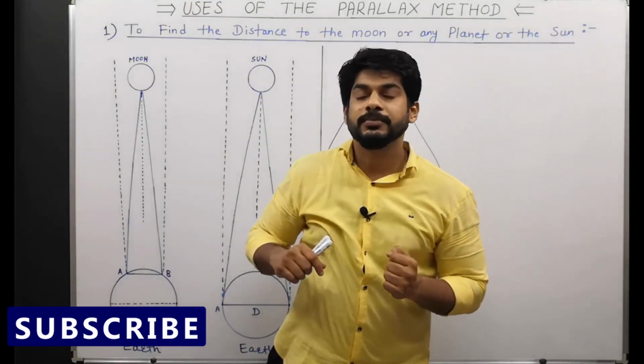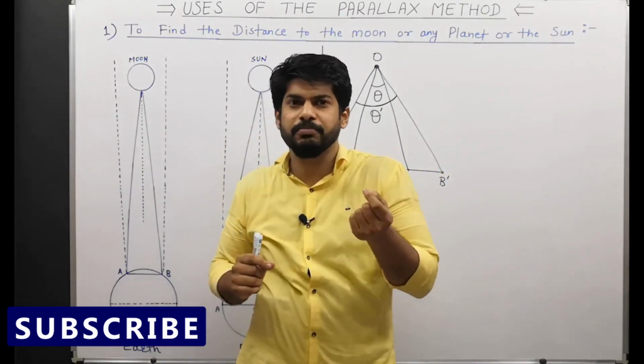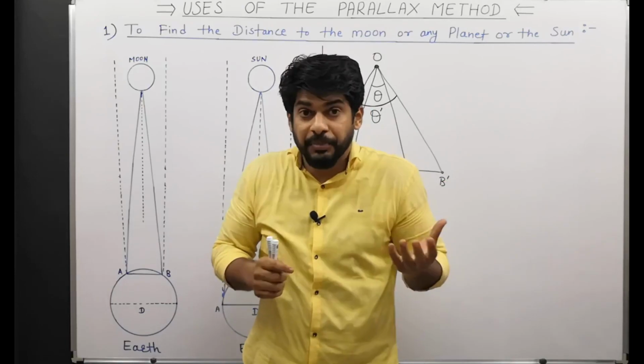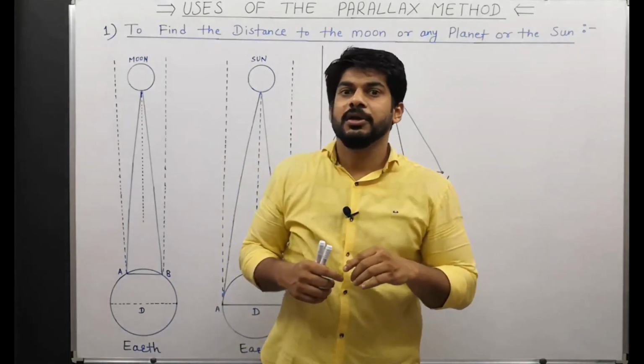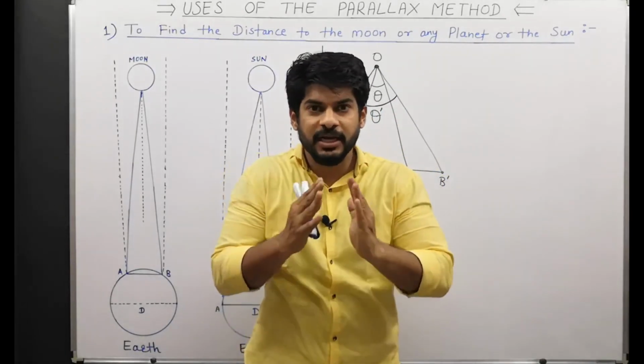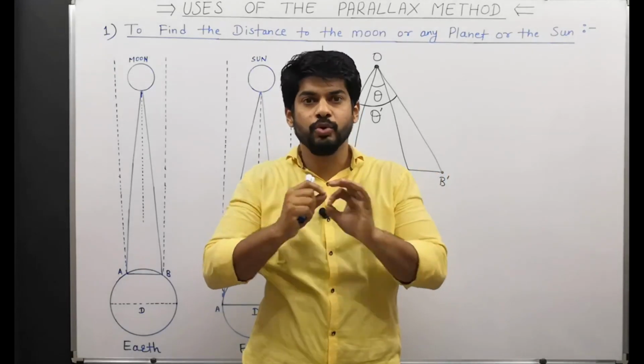You can see the angle has increased. For us as an observer, this is easier to observe, because this is now a large number, and a large number is much easier for us to observe in comparison to a small number. Generally in these cases the angles are very small because the distances are very large. The angles are generally in minutes or seconds, which are very small numbers. So in such cases it is better that we somehow increase this angle, so that it becomes easily observable for us.